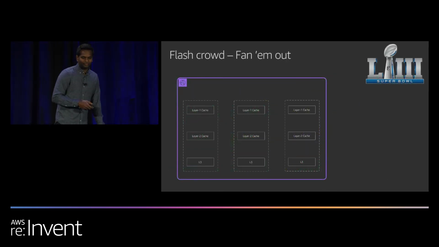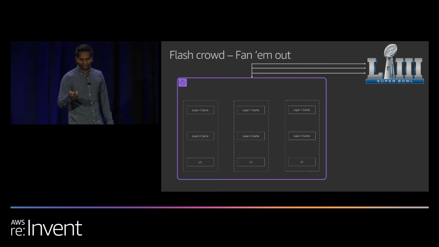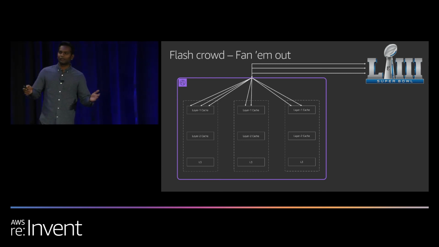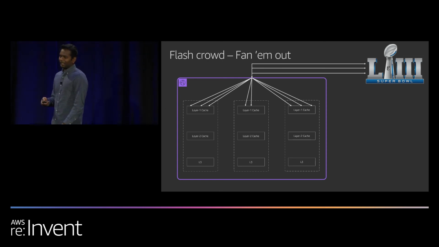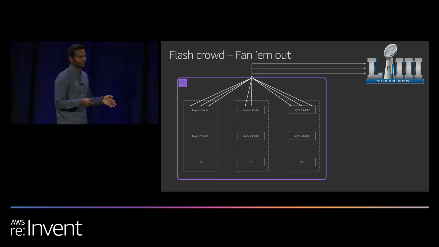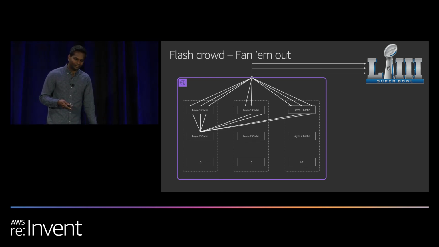So what does this flash crowd cost to the cache servers? It's the same use case. A lot of people started watching the Super Bowl at the same time, and all the requests got spread across our L1 servers. But as I mentioned before, these L1 servers are trying to optimize for hit rate, so they're going to forward the request to a single L2 using the consistent hashing mechanism.